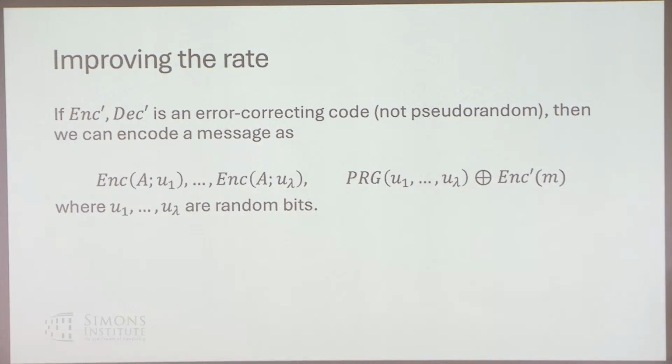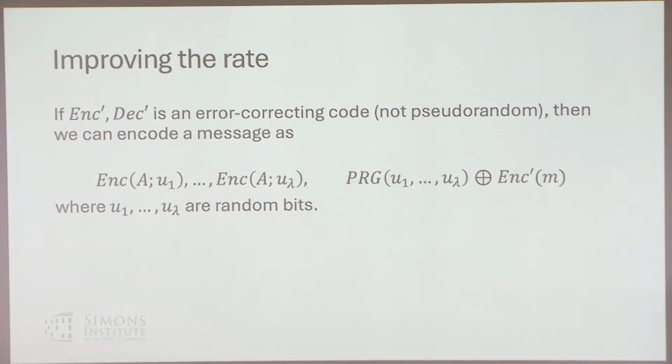Then you use them to seed a PRG to get a one-time pad that you apply to an error-correcting code applied to your message. This inherits the error correction of this generic error-correcting code that doesn't need to be pseudorandom, and it also asymptotically inherits its rate. So for very long messages, this achieves linear rate if the underlying error-correcting code has linear rate.